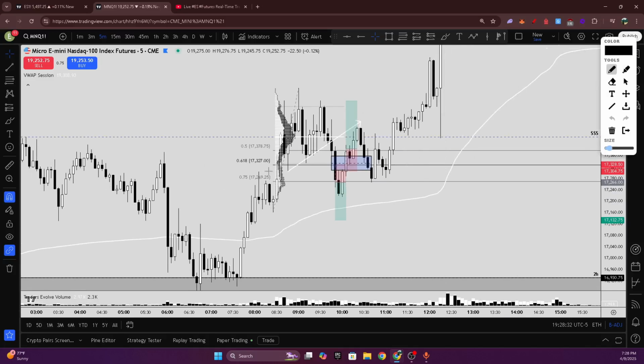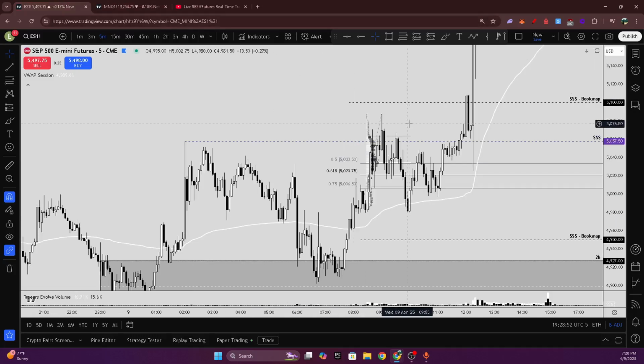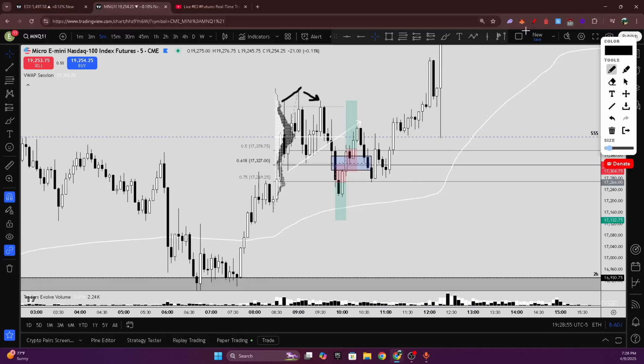So at market open, we saw price come up, take this liquidity level, and then start rallying up while overall making an uptrend, right? We were making higher lows and higher highs until we made a lower high on both NQ and ES.